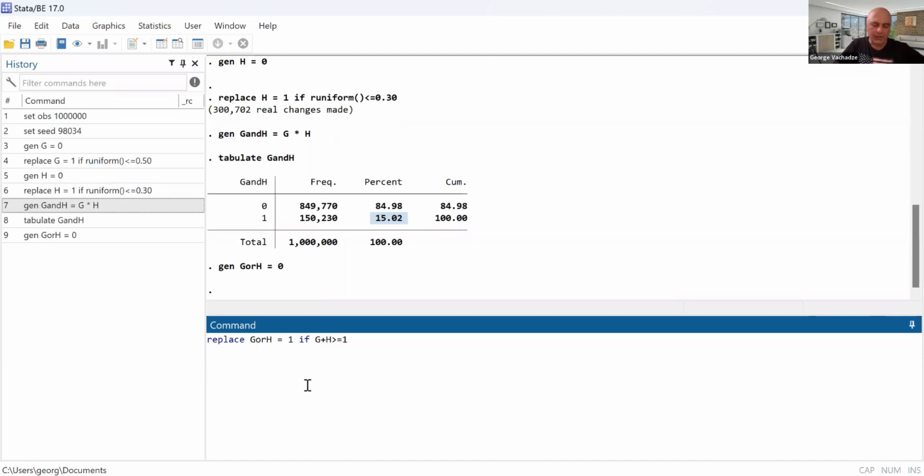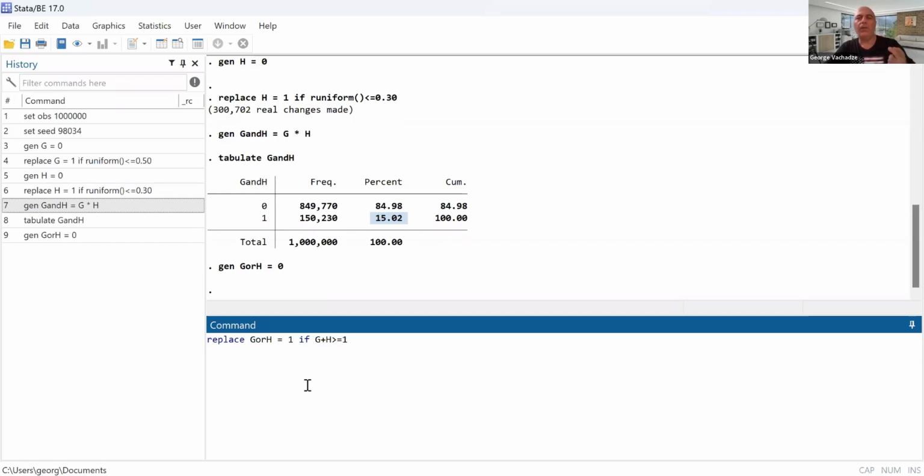We said G takes values 0 and 1, and H takes values 0 and 1. G plus H takes values 0, 1, and 2, and the only desired outcome we are looking for is either 1 or 2, right?